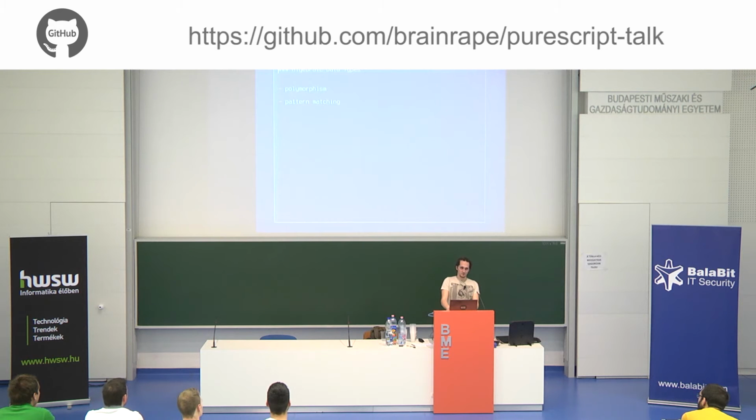So I'd like to have algebraic data types. What that means is you can define exactly what values a type can have, and it's usually a conjunction of values. So you can have either one value or another value, and I'm going to show you some code.